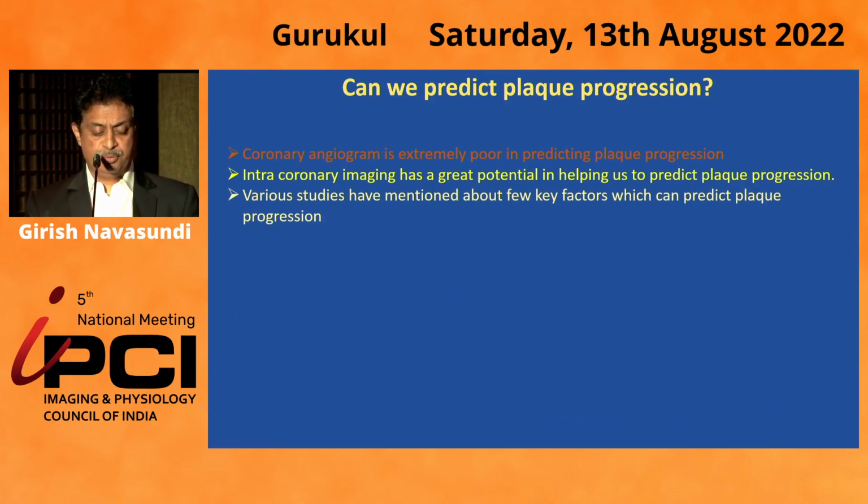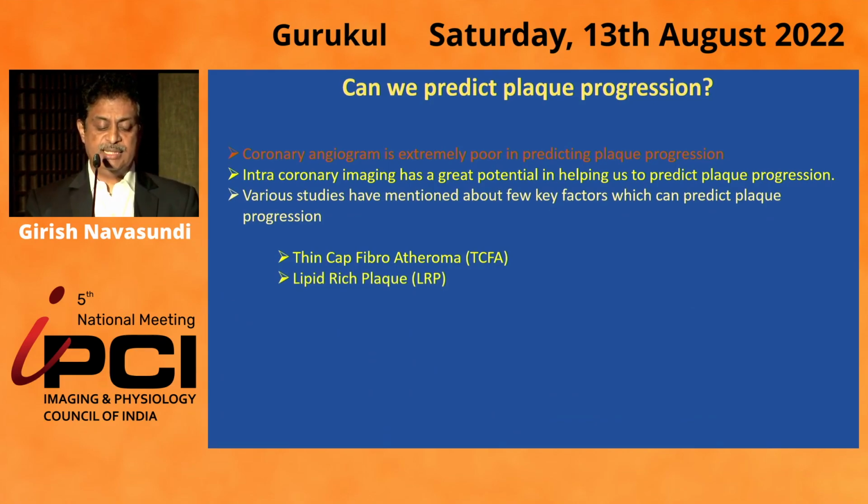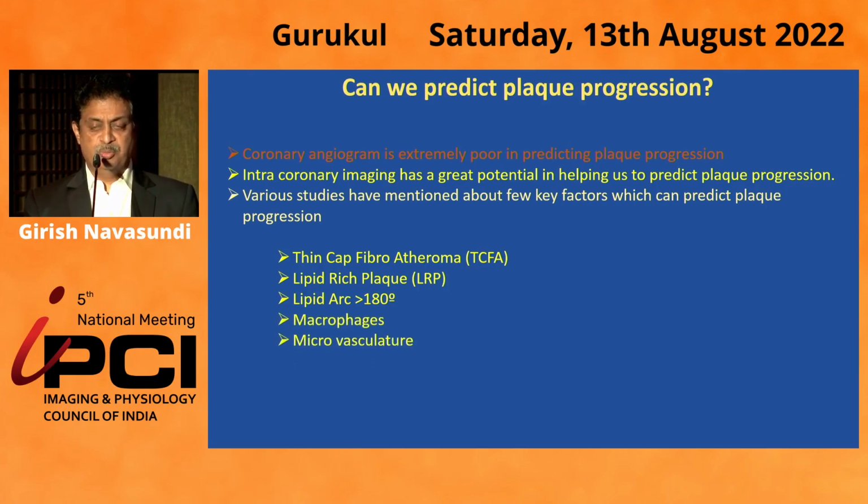The most important is thin-cap fibroatheroma, called TCFA, then lipid-rich plaque, with a lipid arc of more than 180 degrees, macrophages within the plaque, microvasculature, and a layered plaque. All these are predictors of unstable plaque or one which can soon become unstable.